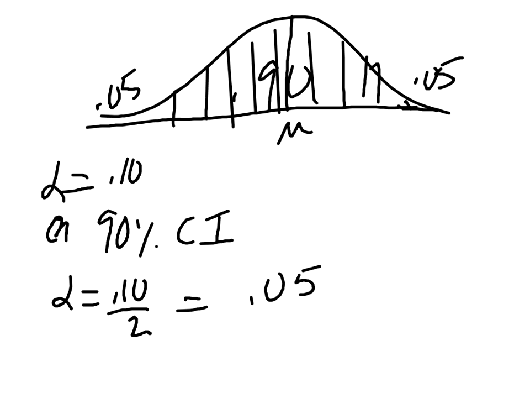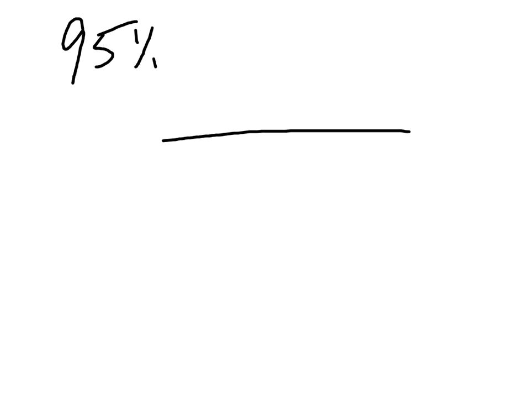So let's say that somebody said, I want to be 95% confident that the true mean falls, I want to set up a confidence interval in which I am 95% confident the true mean lies. Okay, well, this is what a 95% confidence interval would look like.